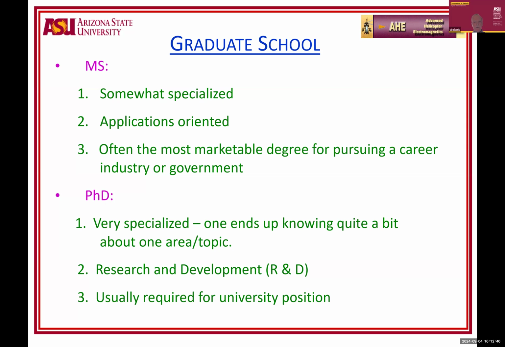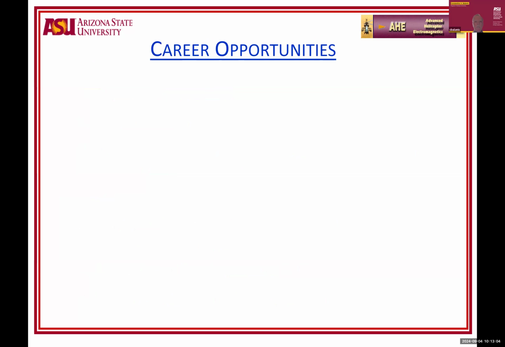You do research and development. It is a degree which is usually almost essential for a professorship at a university. Maybe even some companies and government agencies require a PhD as well.